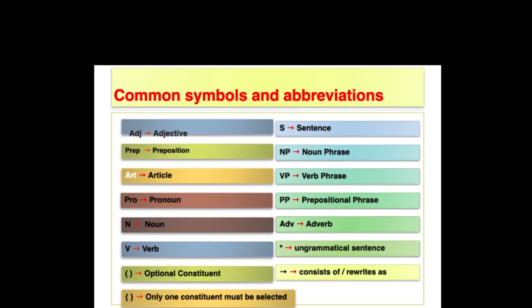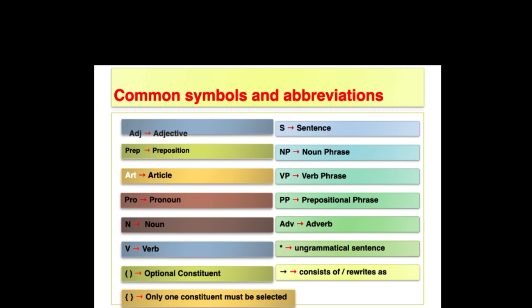For example, here you have the brackets. They are optional constituents, and the other brackets here, the curved brackets, mean that only one constituent must be selected. Also, you can have the star. The star means an ungrammatical sentence.